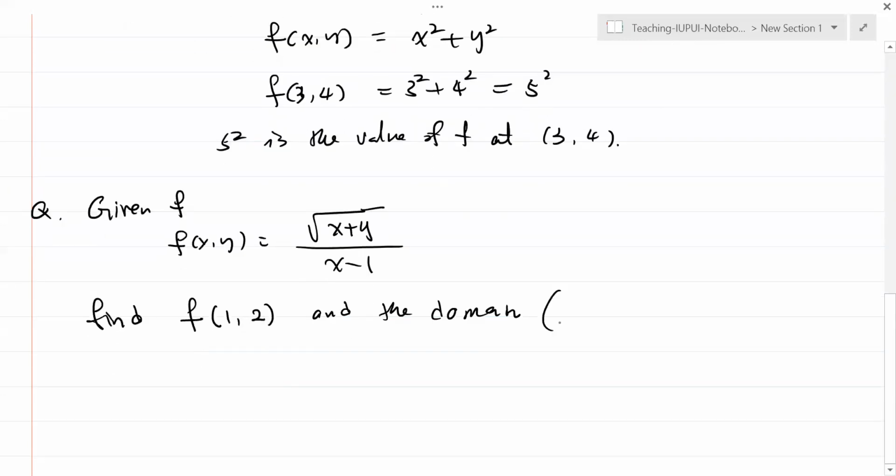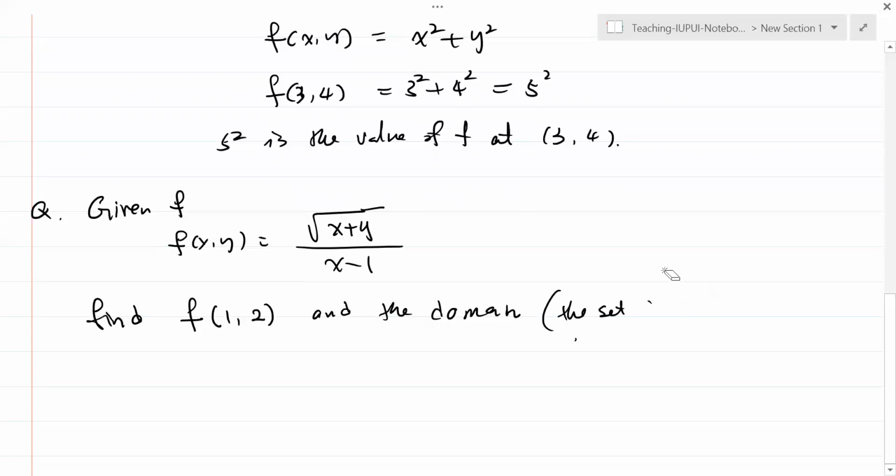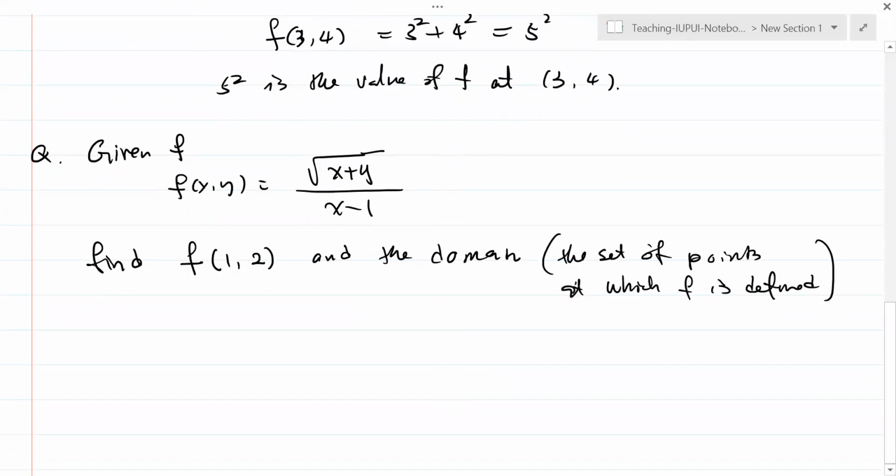This is a set in R2, the set of points at which the function, the expression, the formula is defined, unless I give another restriction on the points.